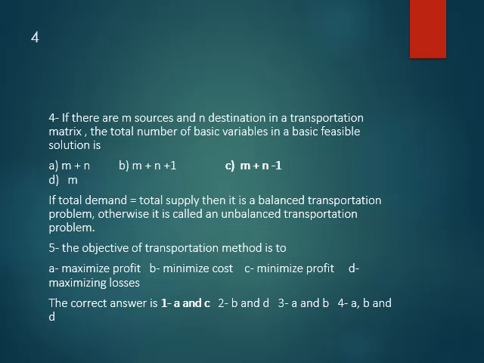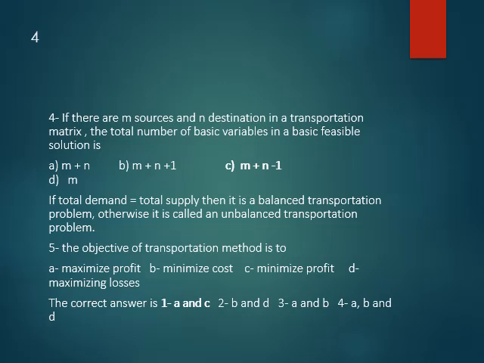If there are m sources and n destinations in a transportation matrix, the total number of basic variables in a basic feasible solution is: a. m plus n, b. m plus n plus 1, c. m plus n minus 1, d. m.